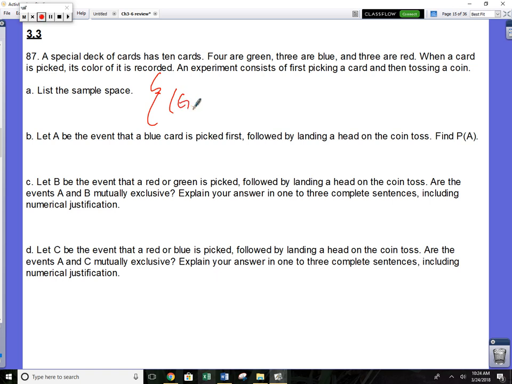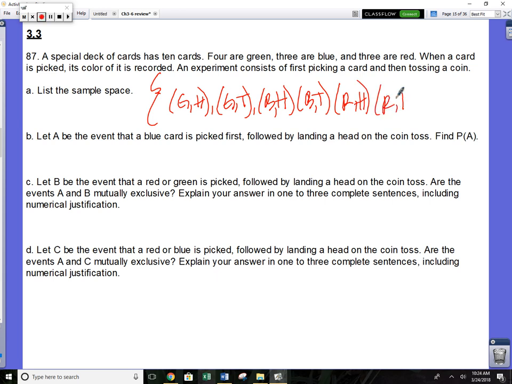You draw a green heads, or you draw a green tails. You draw a blue heads, or you draw a blue tails. You draw a red heads, or you draw a red tails.